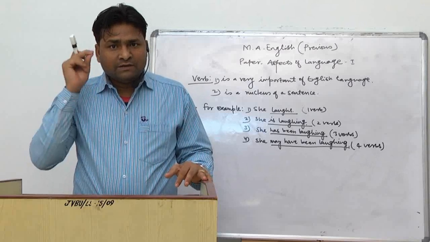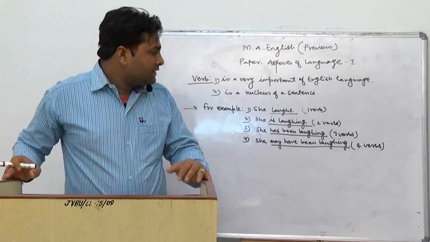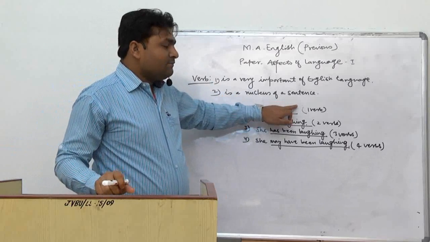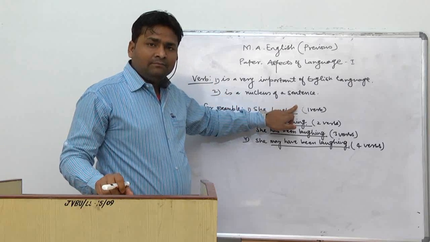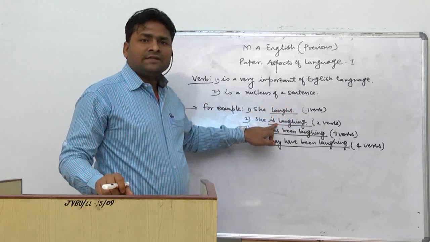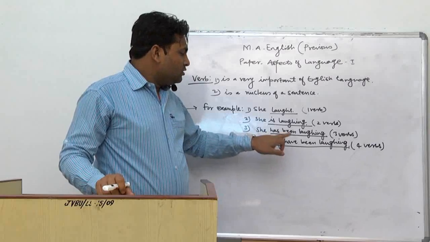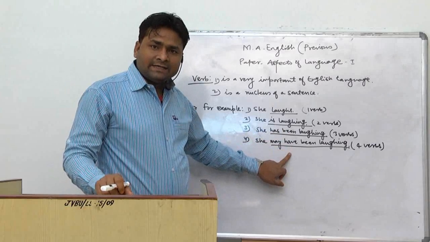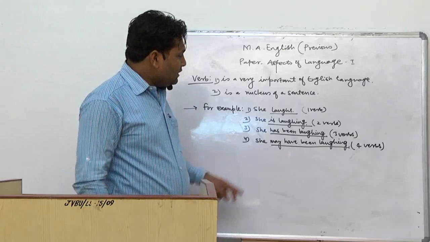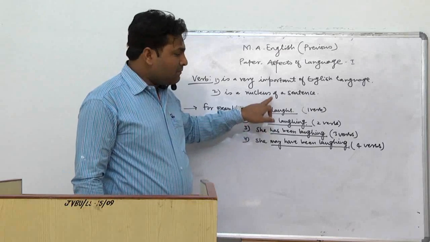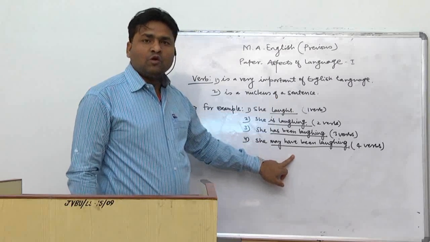But the most important thing is this: you can use one verb at a time. You can use two verbs at a time. You can use three verbs at a time. You can use four verbs at a time. But minimally, you can use one verb, and maximally, you can use four verbs.